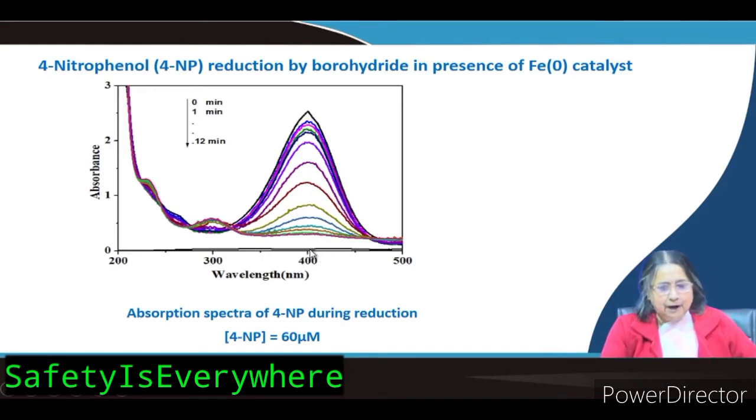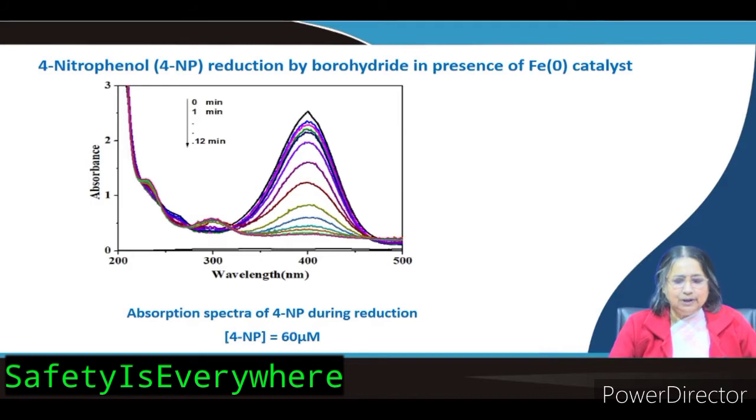Now, you see here nitrophenolate is reduced to aminophenolate. Aminophenolate has no such absorption here, but its absorption occurs here. This position we are not very much interested in, we are interested in this peak. How this peak goes down with time is important for our kinetic analysis.